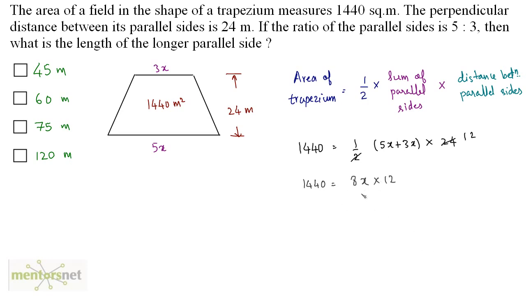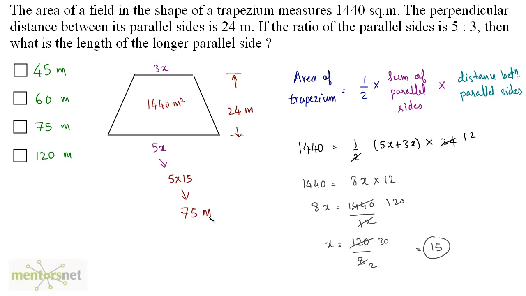Now 8x is equal to 1440 by 12, and 12 times 120 is 1440. So x is equal to 120 by 8, so x is 15. Therefore the longer side, which is 5x, will be equal to 5 times 15, and that is 75 meters. So we found the answer, option C.